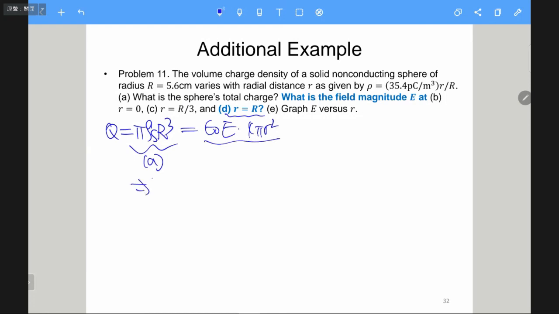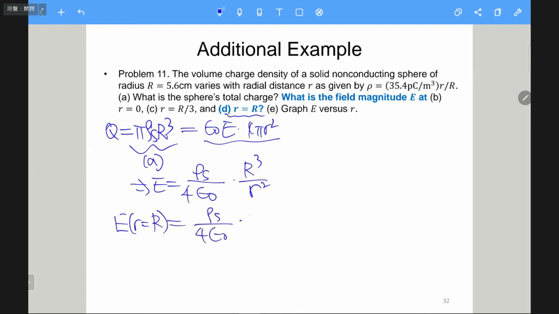So we should have E equals rho S over 4 epsilon naught times R cubed over R squared. So if we put in R equal to capital R, we will have rho S over 4 epsilon naught times R.